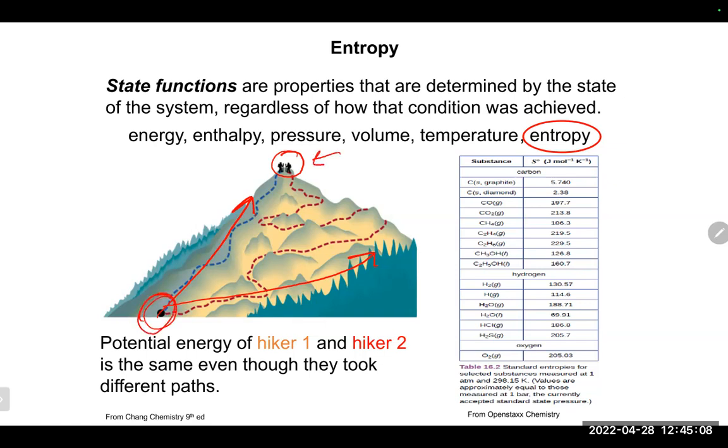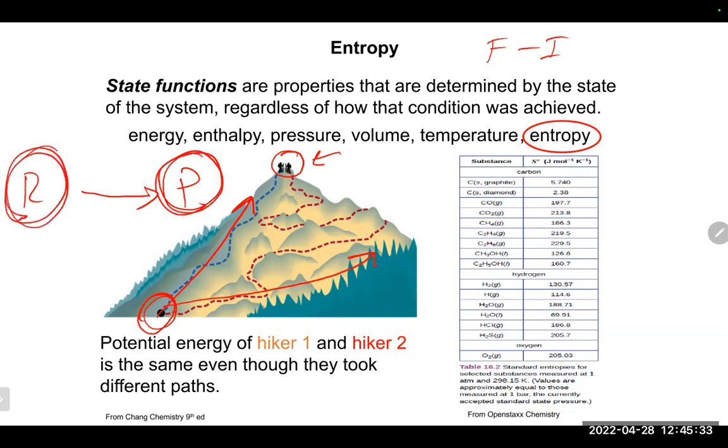That's why for a lot of things like entropy, also enthalpy, energy, pressure, you calculate them by taking final minus initial conditions, right? Final temperature minus initial temperature. When we talk about a reaction, our final conditions are our products, and our initial conditions are our reactants.